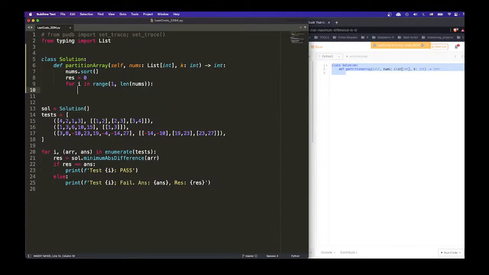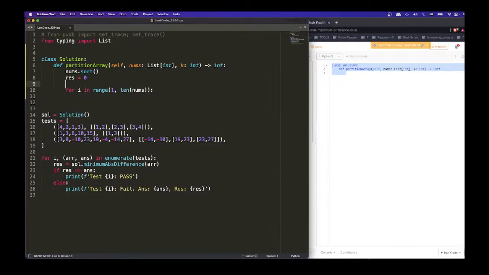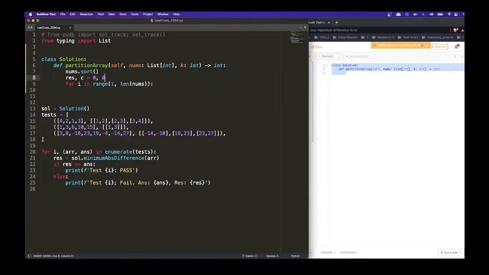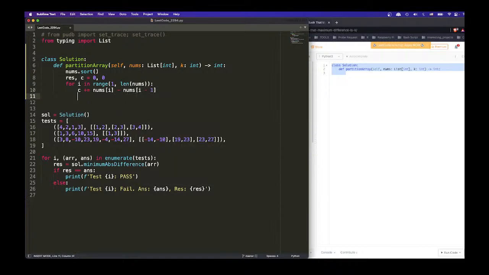Then we say cumulative, we'll call it C equals 0. So we just say C plus equal to nums[i - 1].